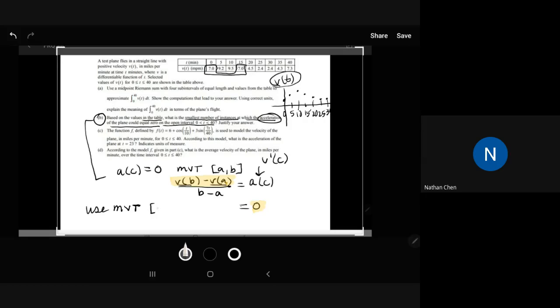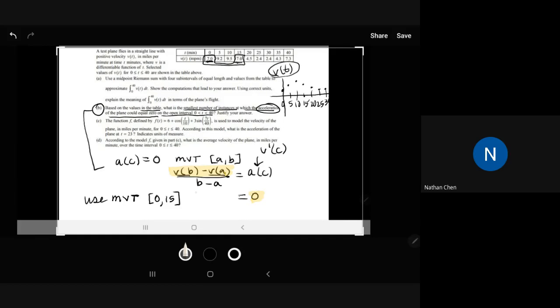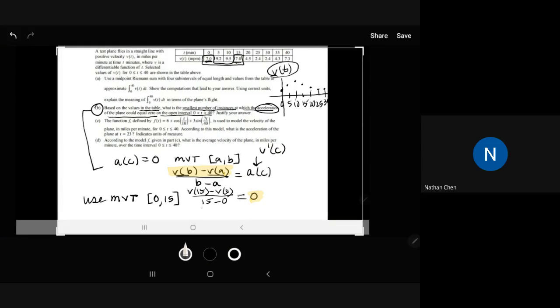If I use mean value theorem from 0 to 15, what's the slope between the endpoints of 0 and 15? The slope between those endpoints would be V of 15 minus V of 0 over 15 minus 0. And V of 15 is 7, V of 0 is 7, over 15 is 0.